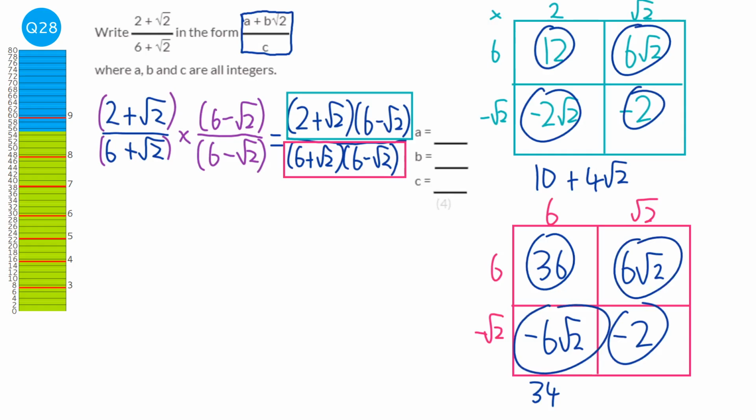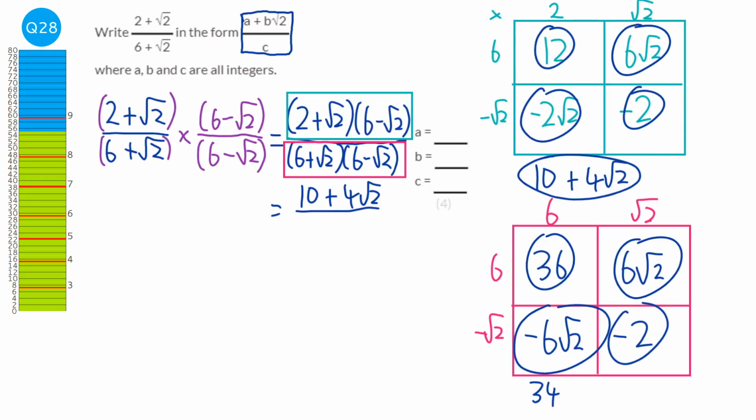And that's why we picked the opposite sign, because whenever we do that, we get rid of the root 2, and we just get a nice number at the end. Okay, so when we put those in, we end up with 10 plus 4 root 2 at the top, which is our answer here, over 34, which is our answer here.